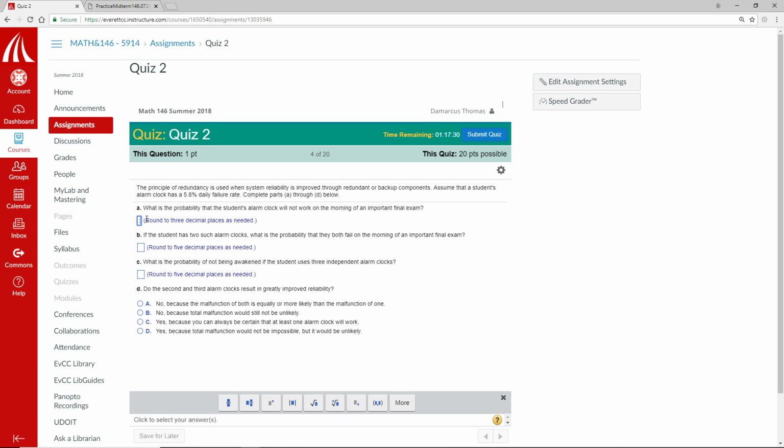So I'll say, if the student has two such alarm clocks, what is the probability that they both fail the morning of? Well, wouldn't it be 0.058 times 0.058?